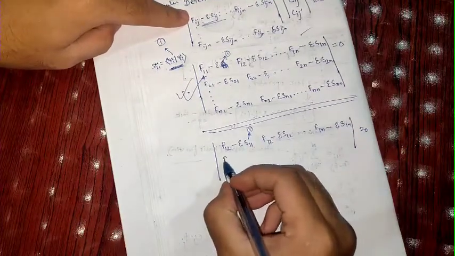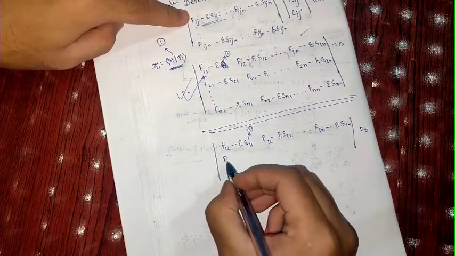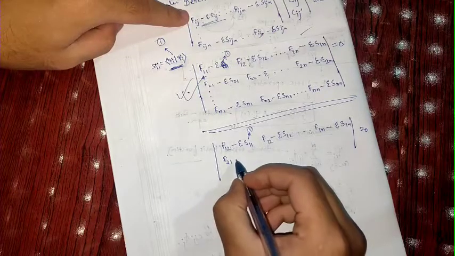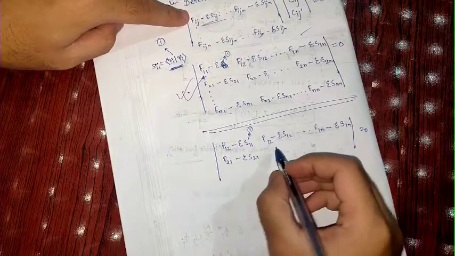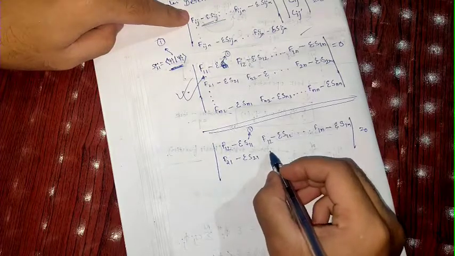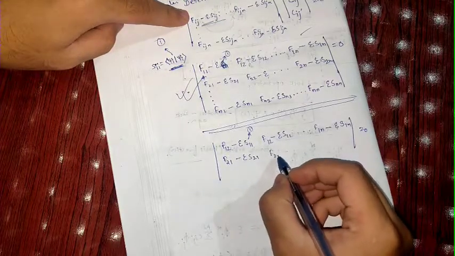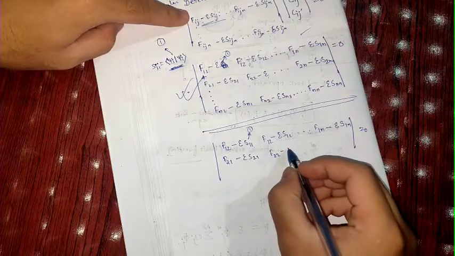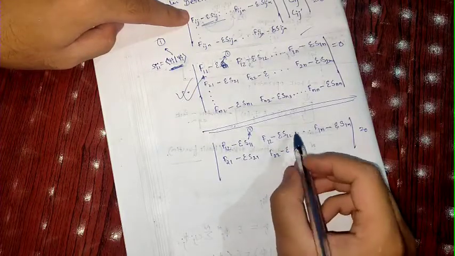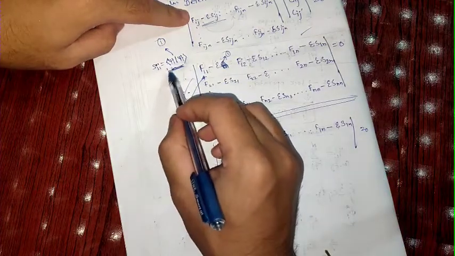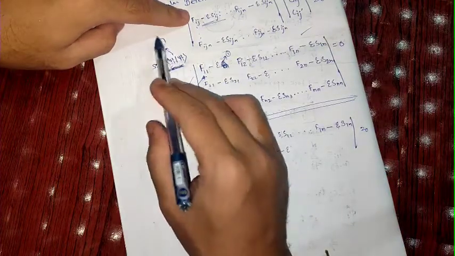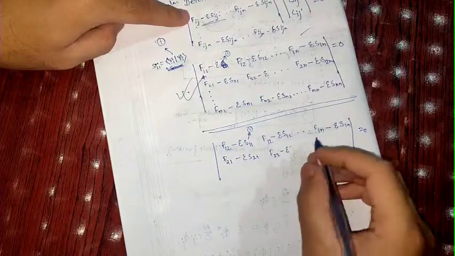Similarly for this one, it becomes F21 minus E S21, and here again it becomes F22 minus E, and again S22 will be of this condition, then it becomes 1, so we can omit this one also.